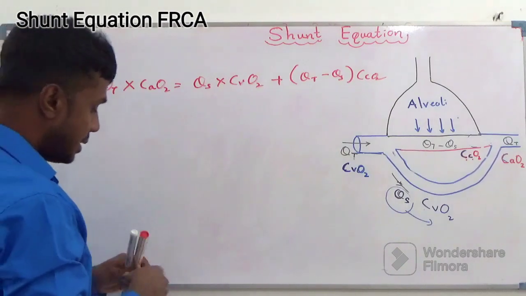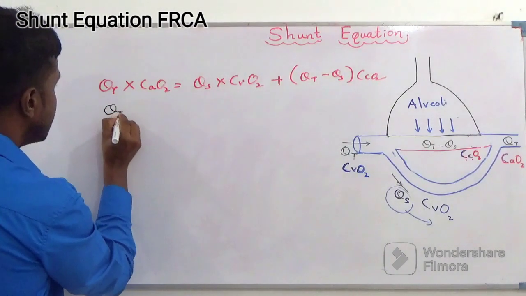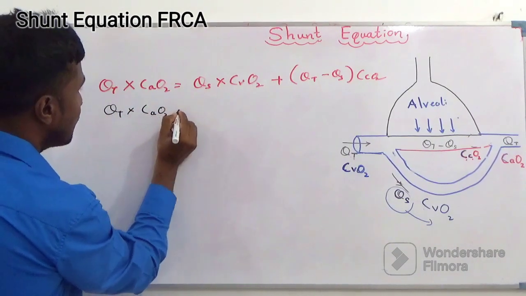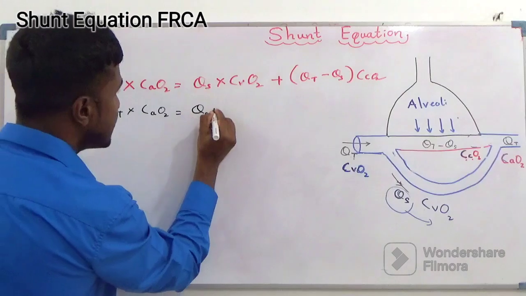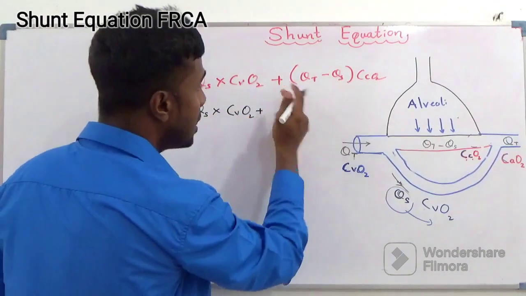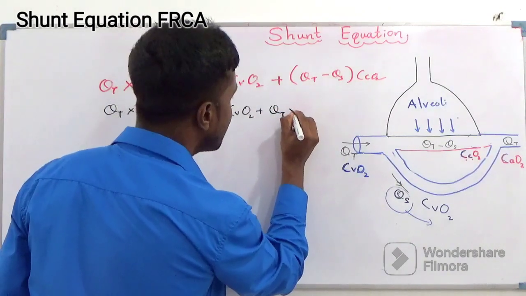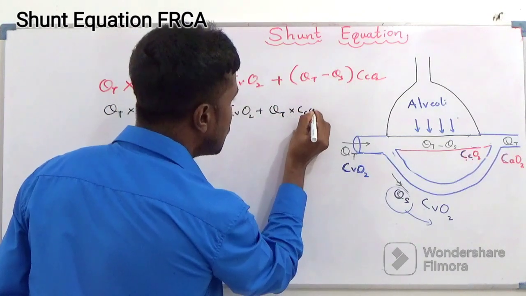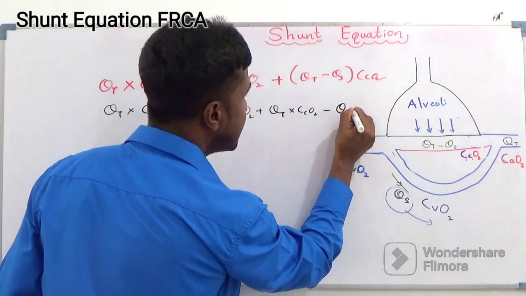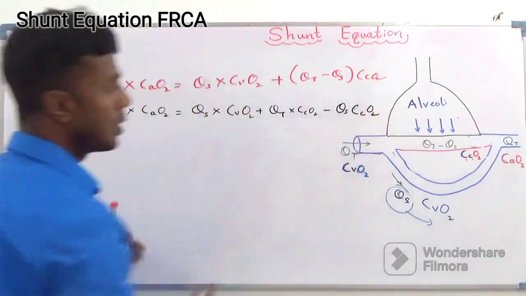Then I am going to make this equation simpler. So QT into CaO2 equals QS into CVO2 plus, multiplying this out, QT into CCO2 minus QS into CCO2.